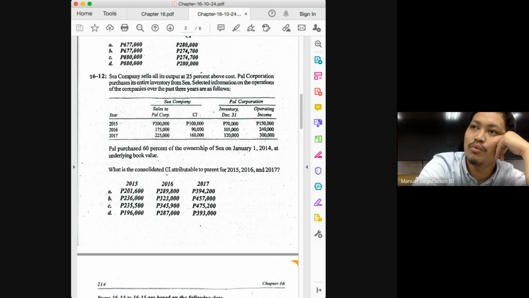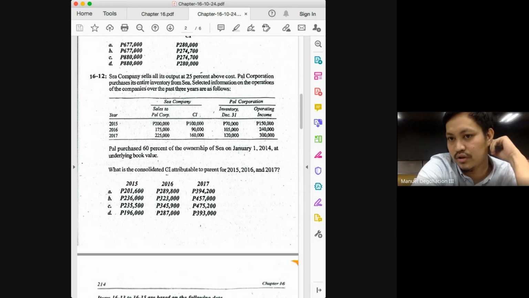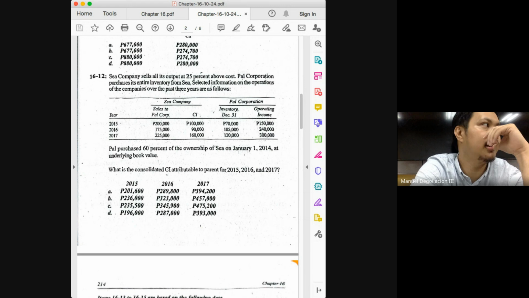Multiply 20% with 105, that will give you 21,000. So that is the markup on ending. And per usual, the markup on ending of 21,000 will be deducted. So the income of the subsidiary was 90, and then you add the 14, you deduct the 21.